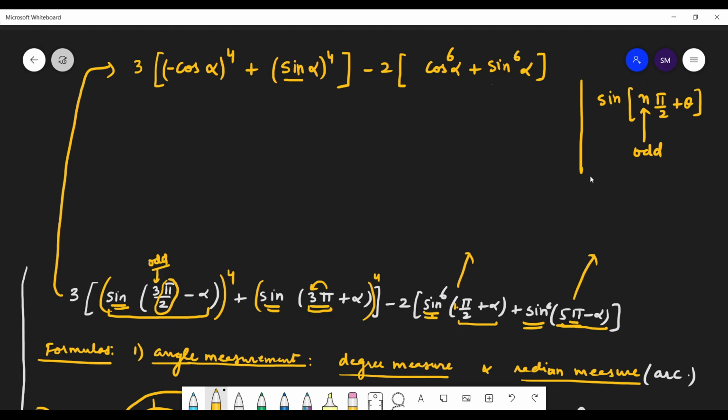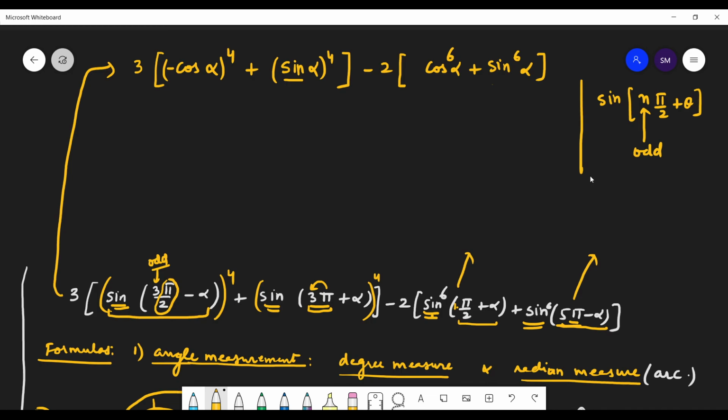So what will this equal to? Minus, and the power is 4, so this will become plus. So 3 into, can I write it as, see, we started our day with this question itself: sine x raised to the 4, cos x raised to the 4, students. So tell me how will I do it?